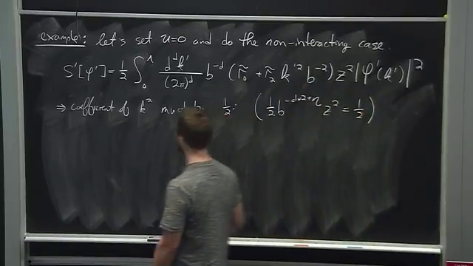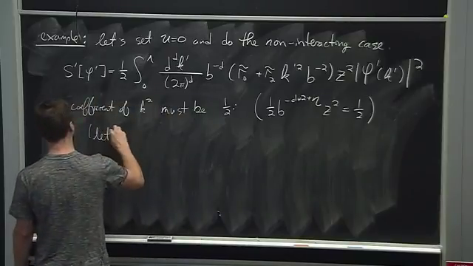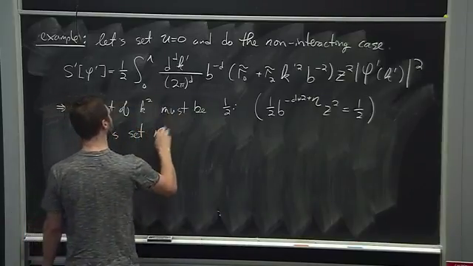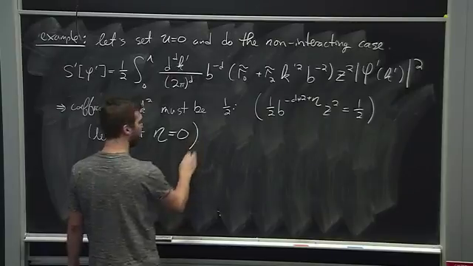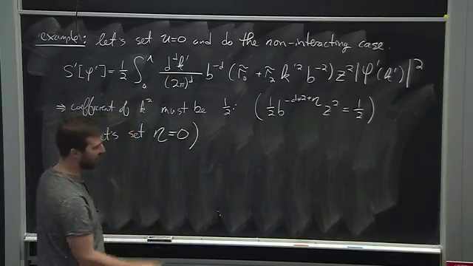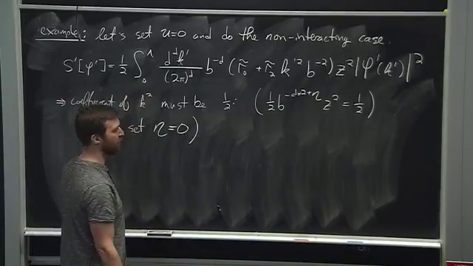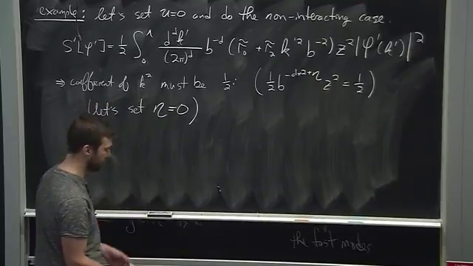And let's just set the anomalous dimension eta equals 0. We know a priori that that's the case for the Gaussian theory.